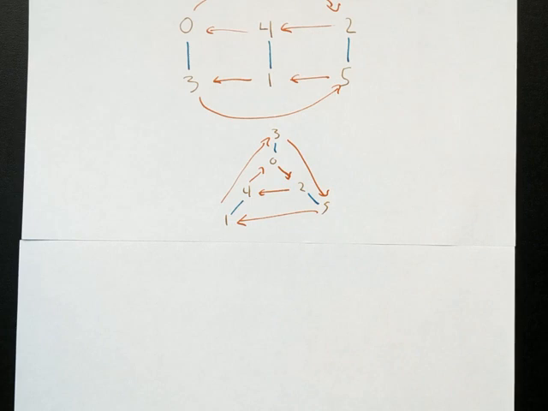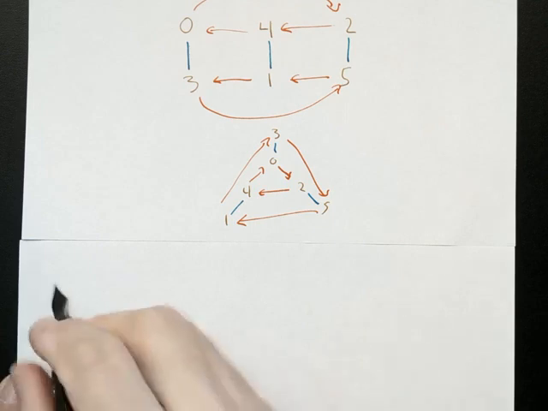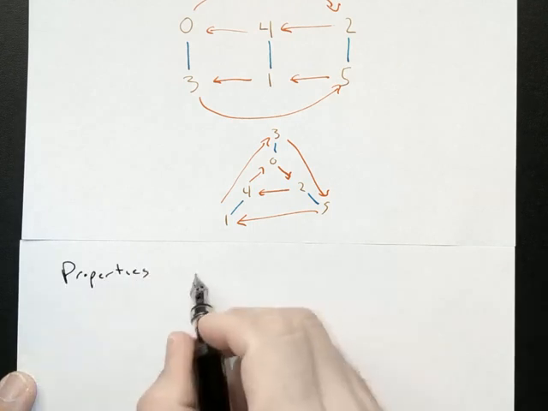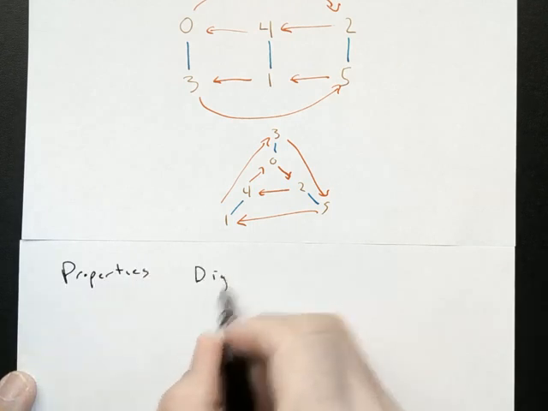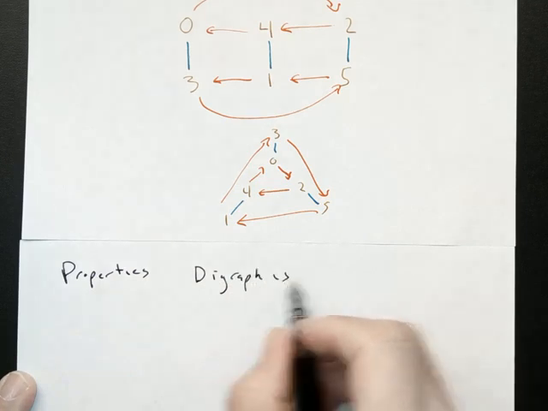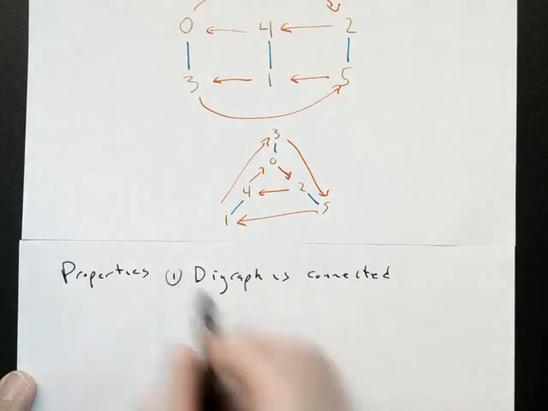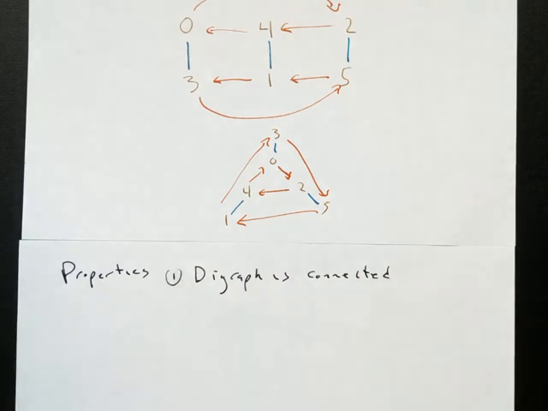Every Cayley digraph satisfies 4 properties. The digraph is connected.